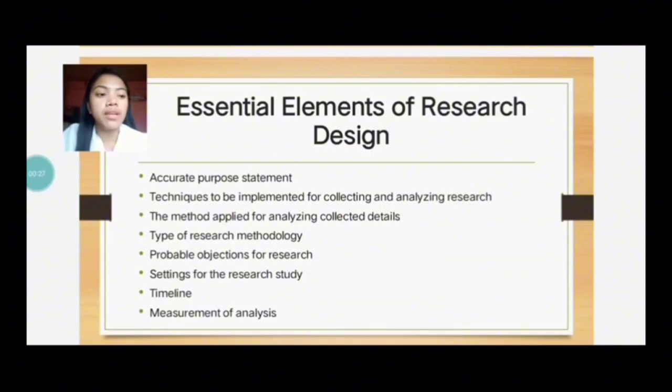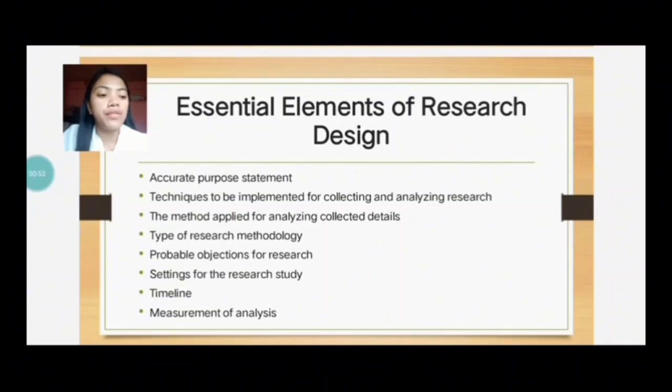Techniques to be implemented for collecting and analyzing research. These elements outline the methods and tools to be used for gathering data. It includes techniques like surveys, interviews, observations, or experiments, as well as the approach for analyzing collected data, such as statistical analysis, content analysis, or qualitative coding.